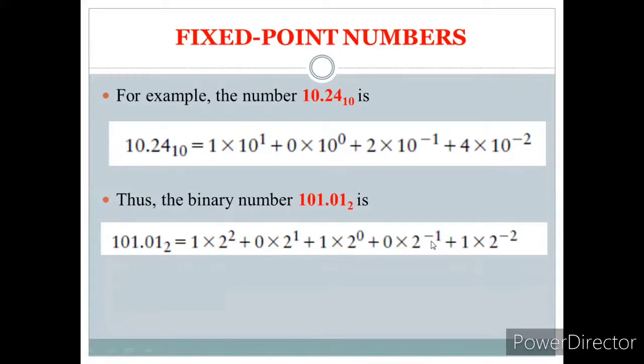Since it is 0 into 2 raised to minus 1, there is no value. 1 into 2 raised to minus 2 is 1 by 4. 1 by 4 is 0.25. So it is 5.25, and you convert it to the decimal number.